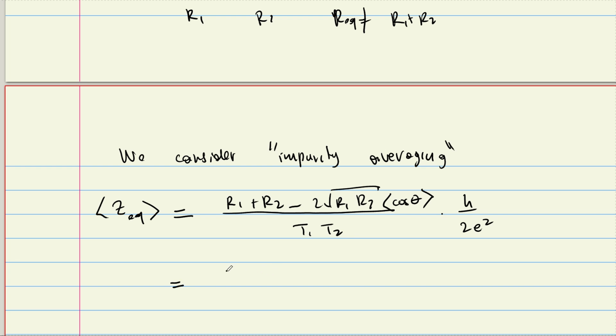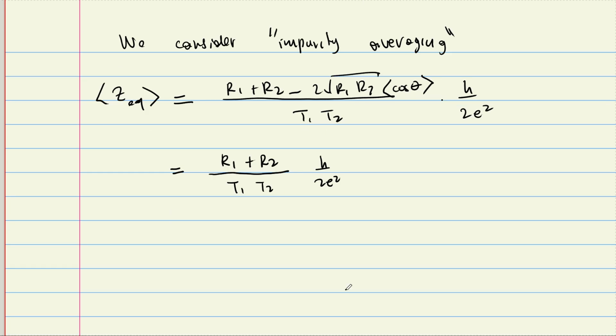So this average is going to be R1 plus R2 divided by T1T2, times h over 2e squared. And if we compare it with, again, Z1 equal to h over 2e squared times R1 over T1, and Z2 equal to h over 2e squared times R2 over T2, what we see is this quantity is bigger than Z1 plus Z2.